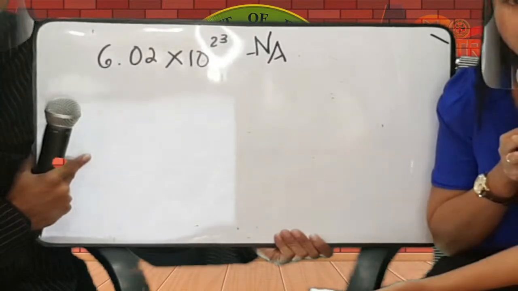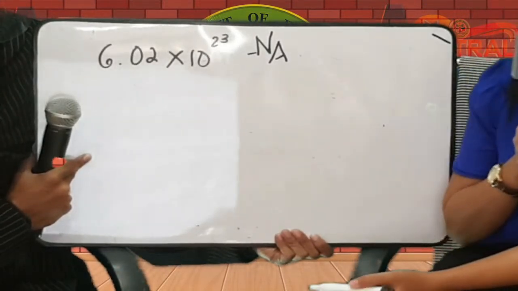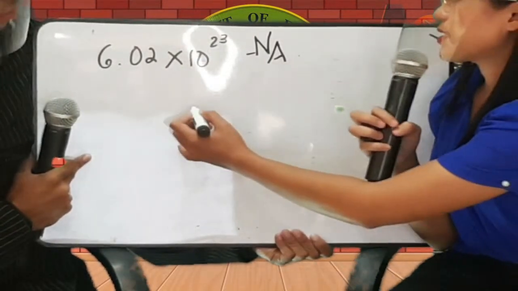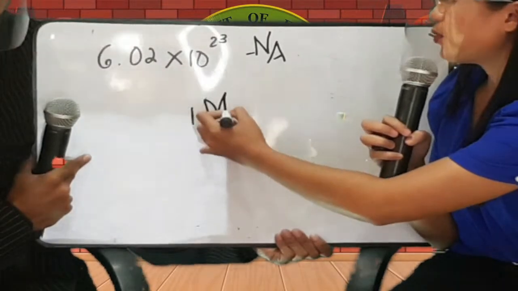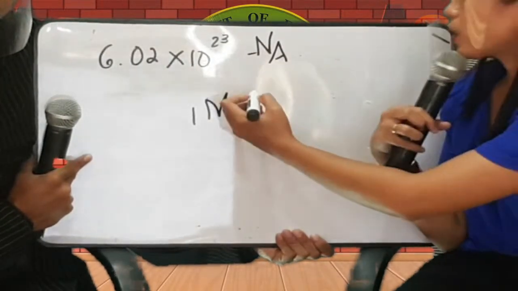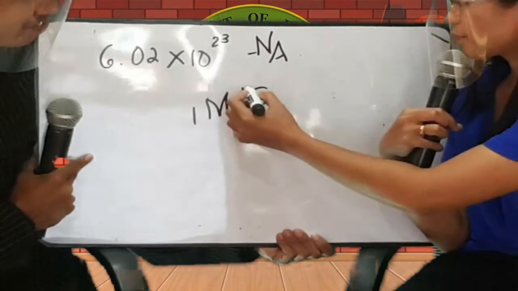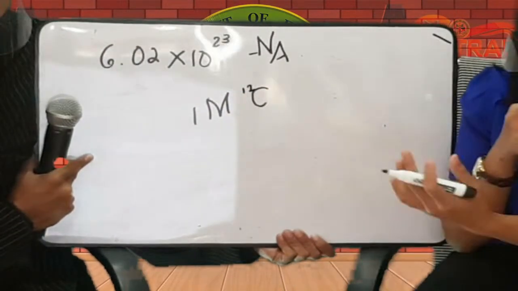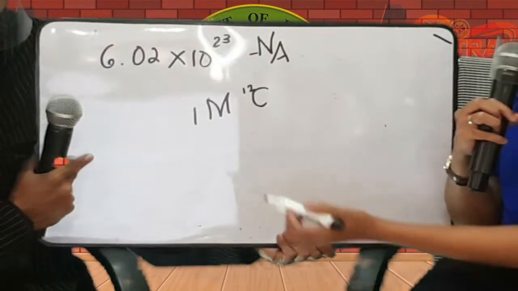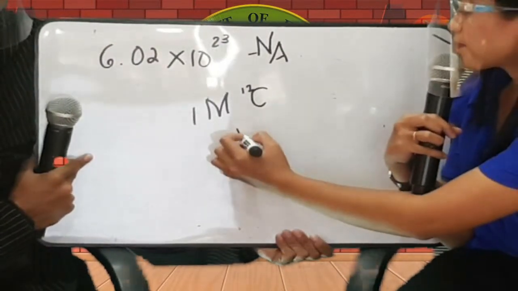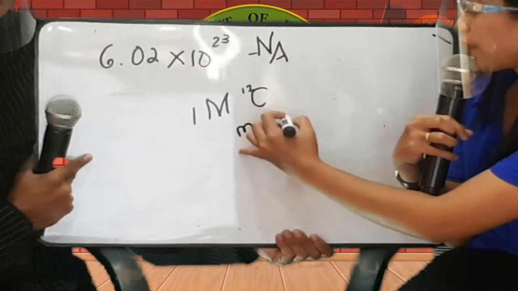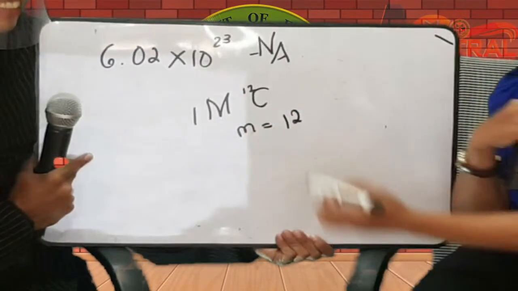So let's have this example: 1 mole of a pure substance, which is carbon 12. One mole of carbon 12 has a mass of 12 grams.